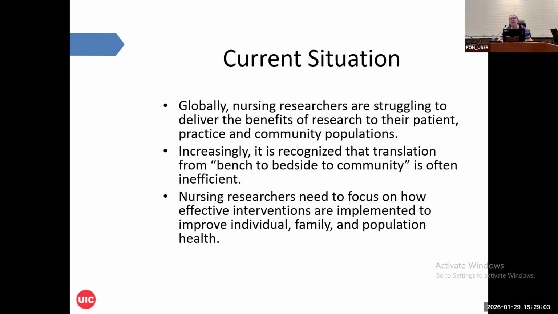One of the reasons I'm encouraging you to think about implementation research is that globally nursing researchers are struggling to deliver the benefits of research to their patients in practice and in the community. It's increasingly recognized that translation from bench to bedside to community is often very difficult and inefficient.